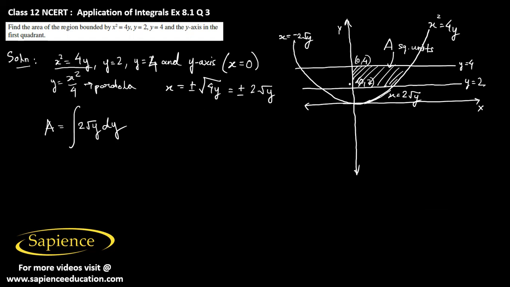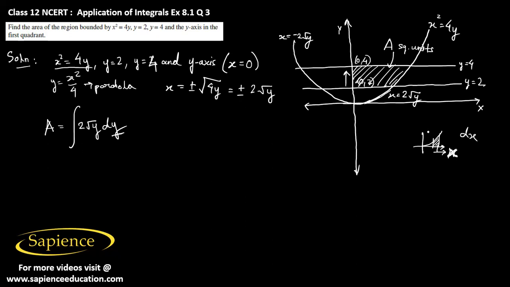Since here we have to integrate along the y-axis, we should write dy instead of dx. If the area is like this, where we have to integrate along the x-axis, then we should use dx.